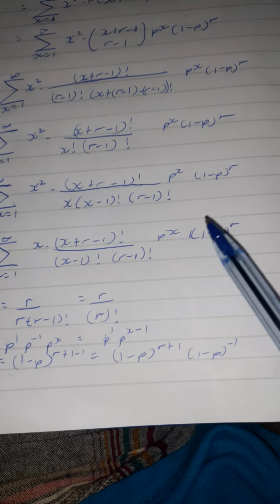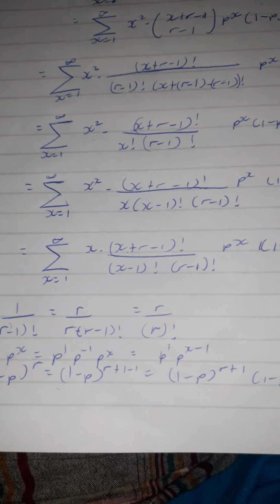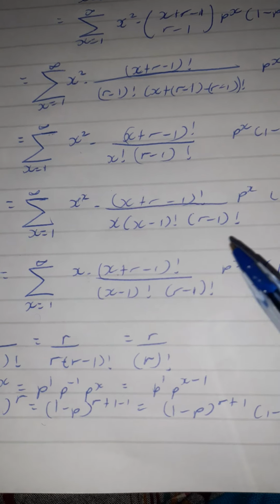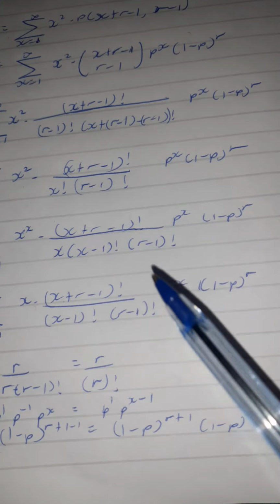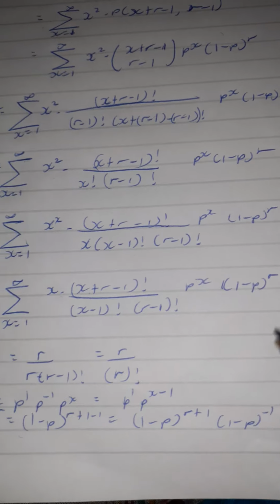And from this equation we can say that r over (r−1) factorial is equal to r over r factorial.